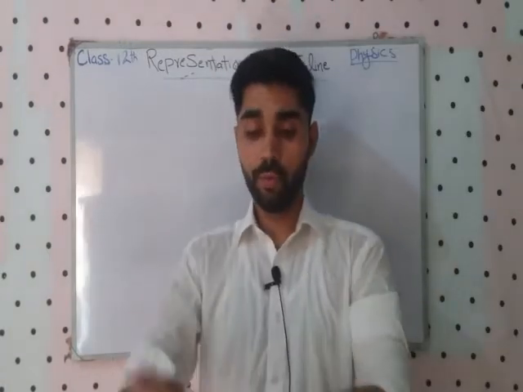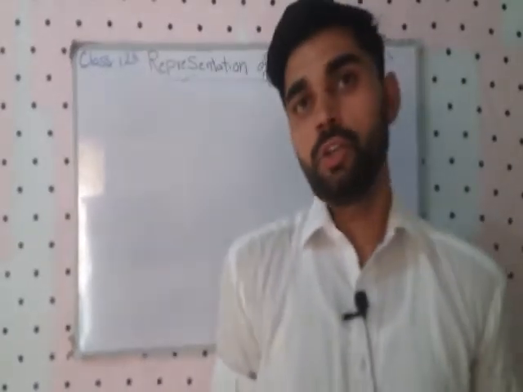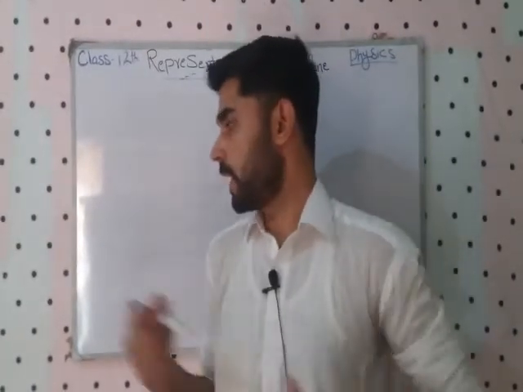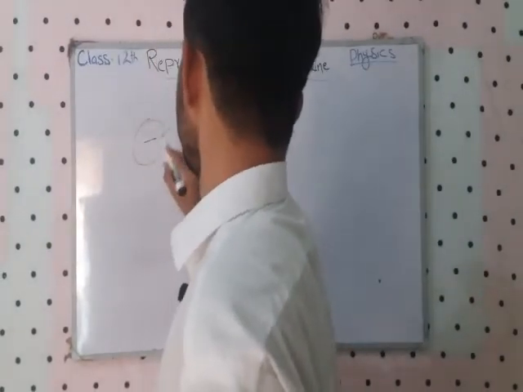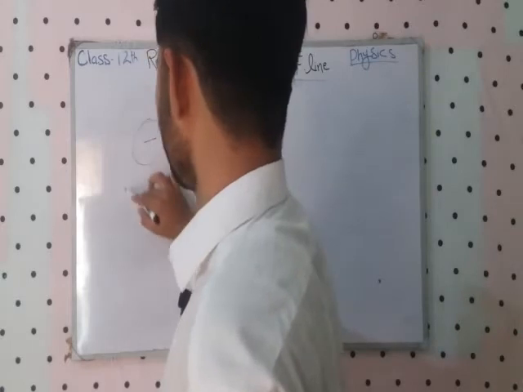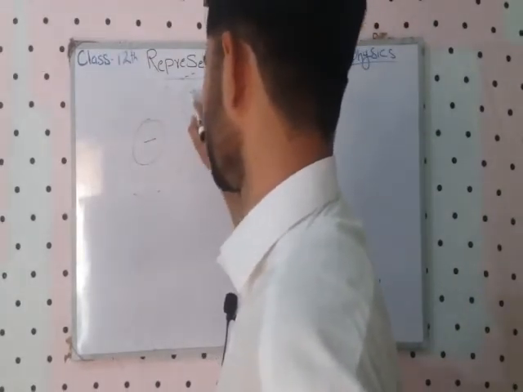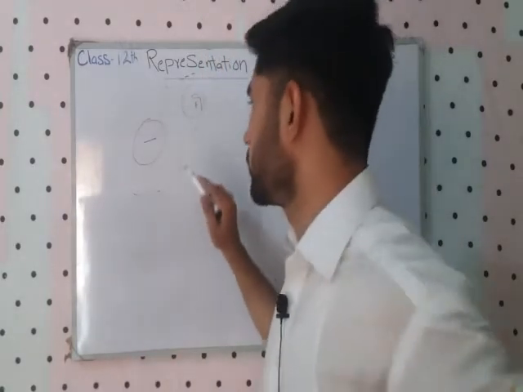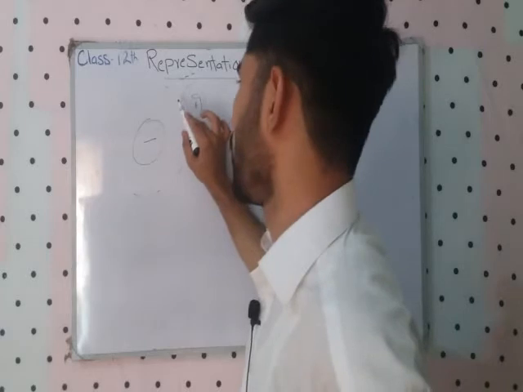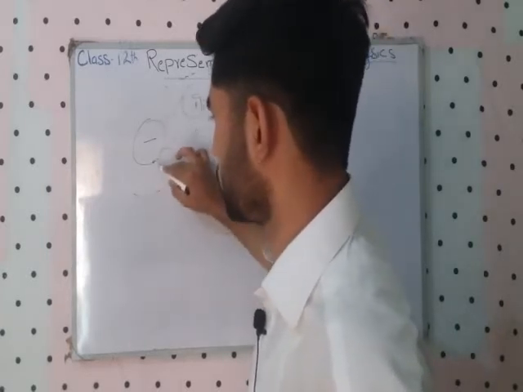Now how can we calculate the direction of electric field? We use a test charge. Let's take a negative charge here, and in this region we take a positive test charge. Both are opposite charges, so the direction of the arrow will be toward the charge.